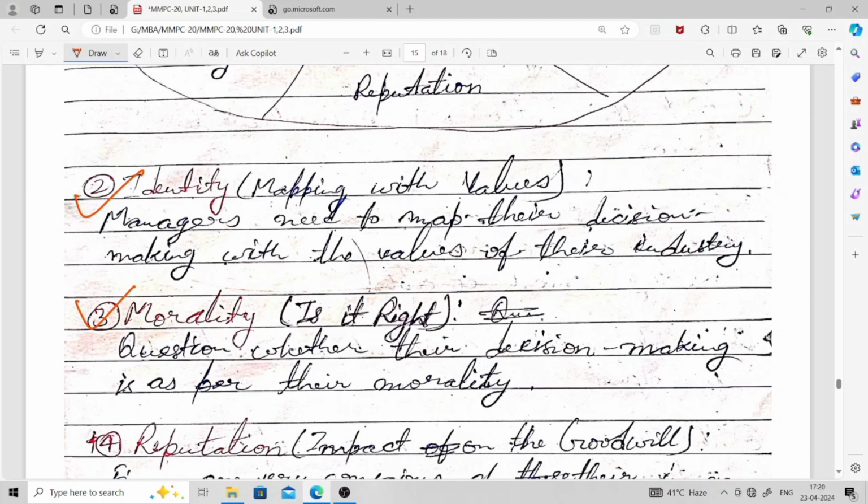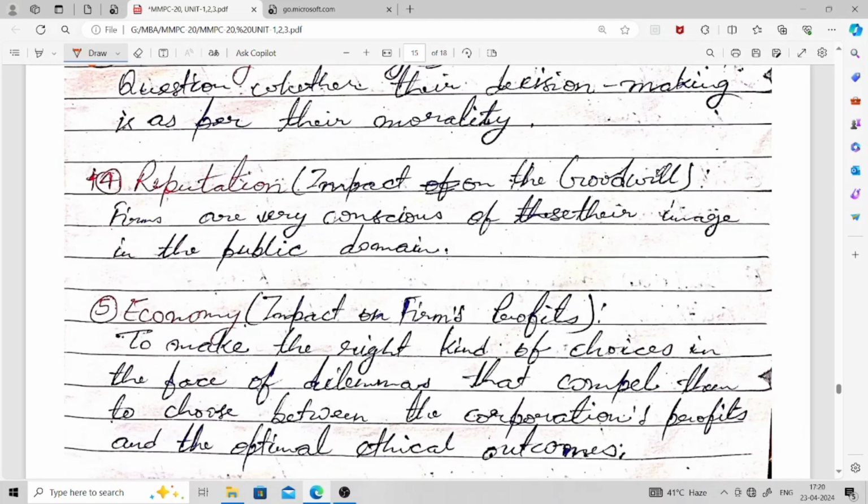Then the next you have the reputation, impact on the goodwill. Managers need to think about the impact on the goodwill, which means firms are very conscious of their image in the public domain.